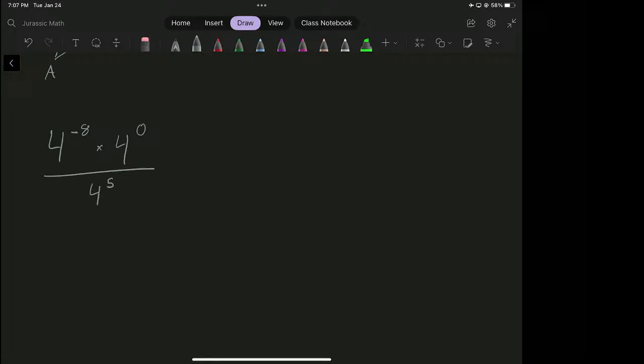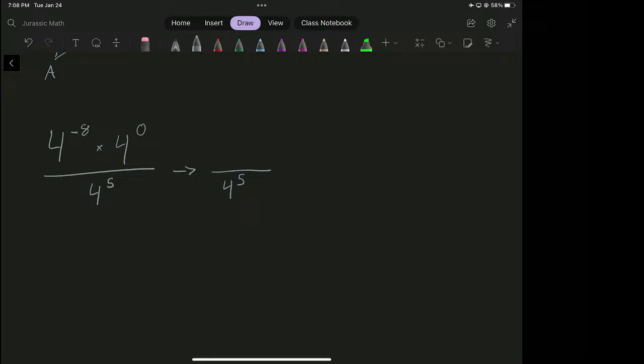So, looking at this problem, my first thing is thinking, oh, well, let's just care about the top. Let's keep that 4 to the 5th down below right now and ignore it while we work on the top part. So, since we are multiplying for the top, that means I just add the exponents together.